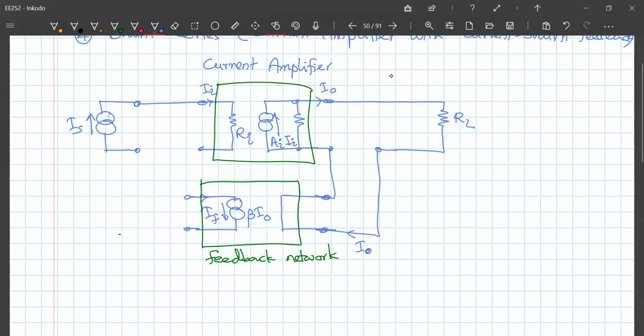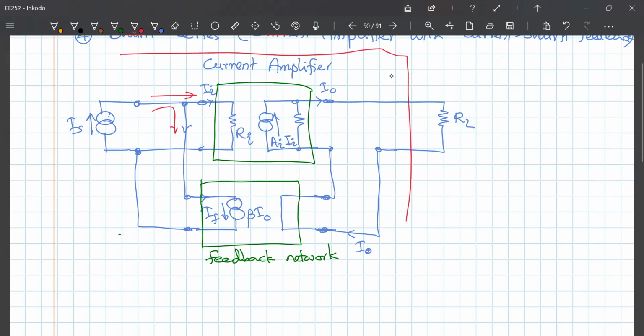So again I have to use something like that where the current is reduced. So initially the IS was completely going into the input. Now I am taking part of it into the feedback network so that it is subtractive. Okay, so you have this network like that. That is my feedback network. So this is the total current amplifier with feedback.